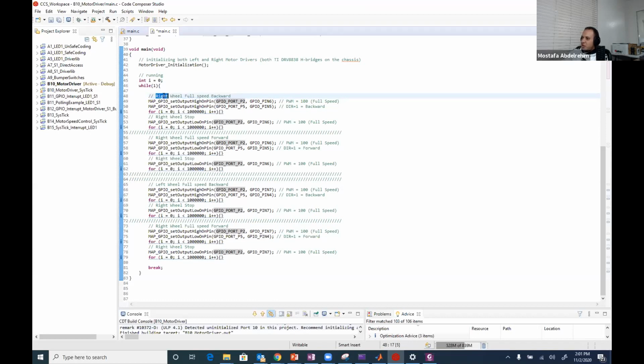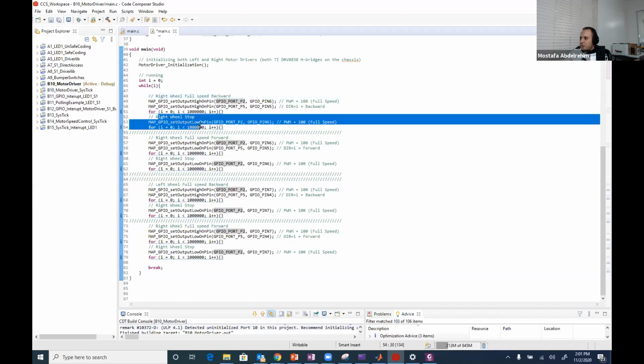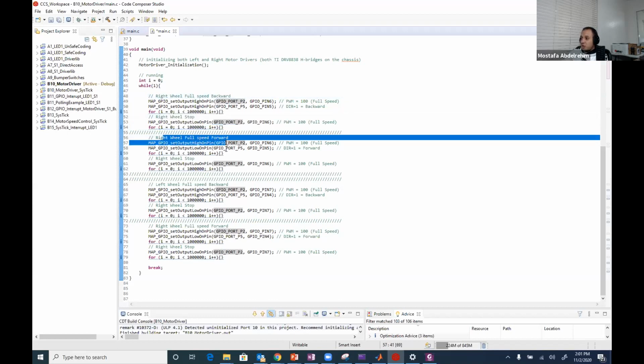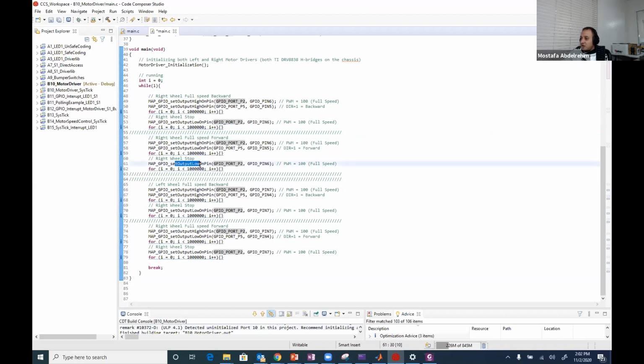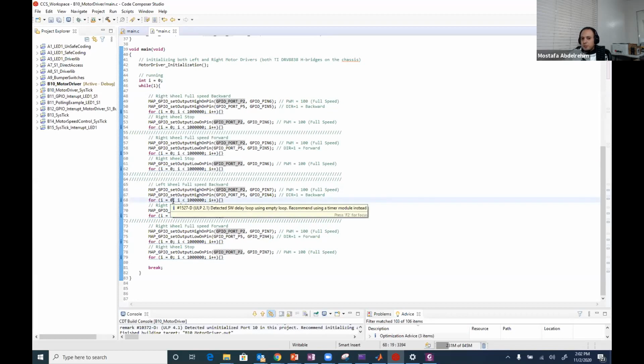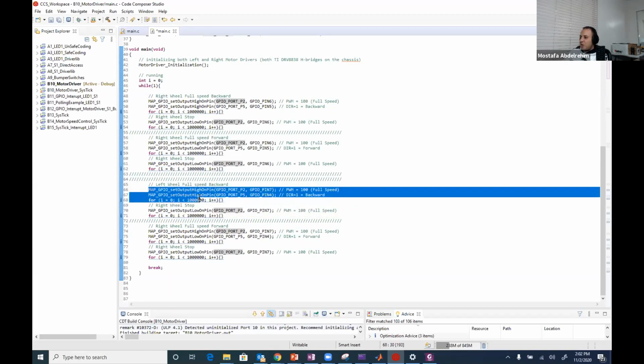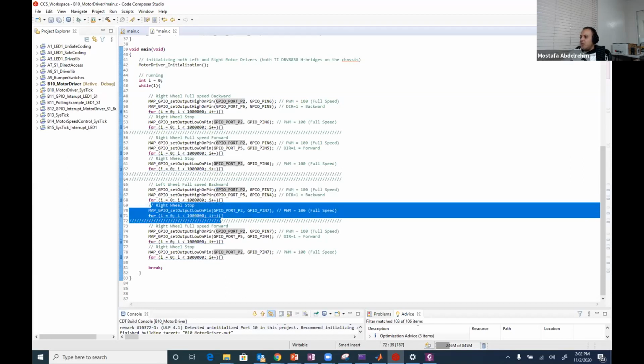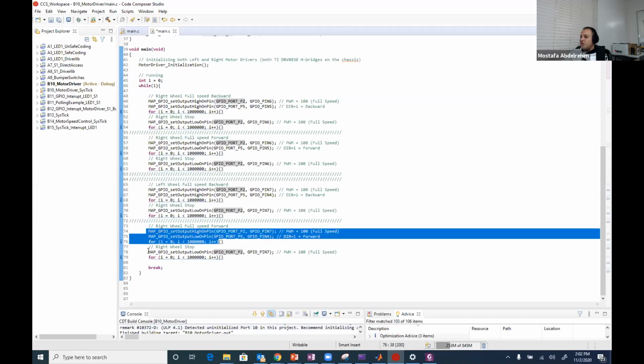So first is the right wheel backward, then stop, then the right wheel forward, then another stop. Then I will do the same for the left wheel. First I will run it backward, then stop, then forward, then stop.